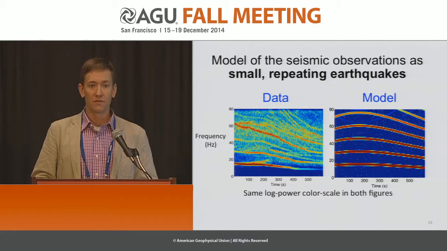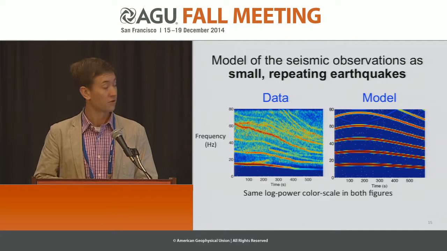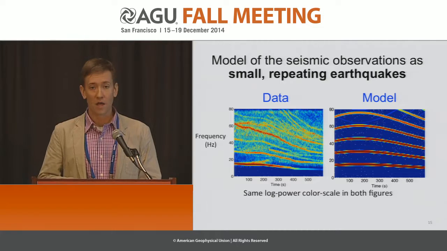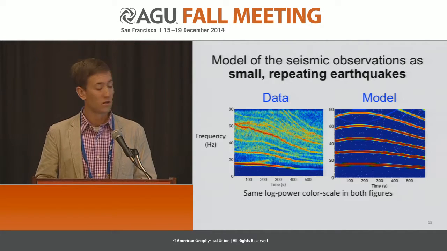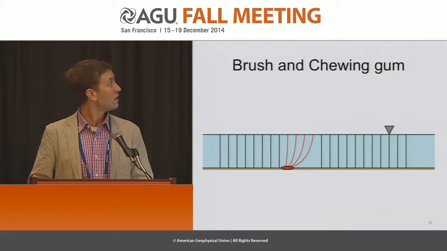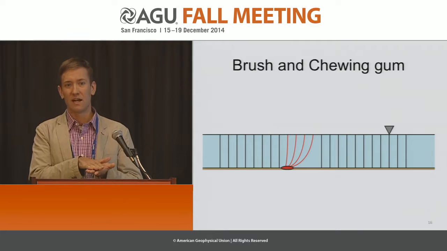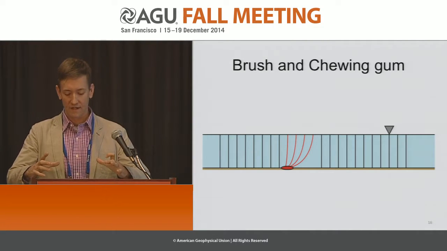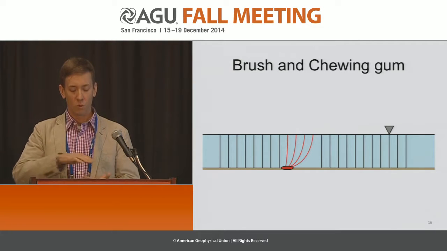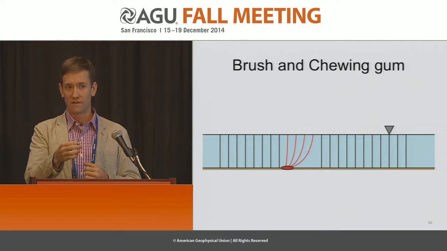We're able to model this behavior, and specifically this is the data that I'm going to try to model, spectrograms that look like this. We're able to model this data as quickly repeating small earthquakes. Conceptually, this is like moving a rigid steel brush over a large area, and I'm picturing a big square brush that we're moving over a surface where there's a patch of gum on the surface.